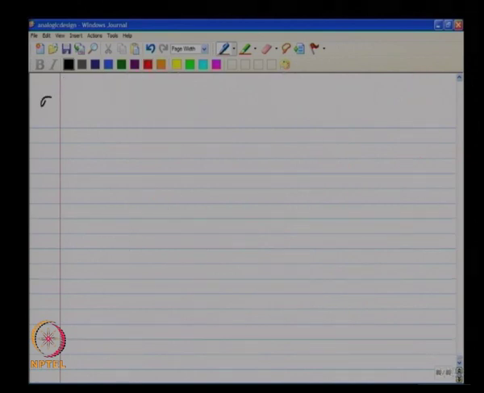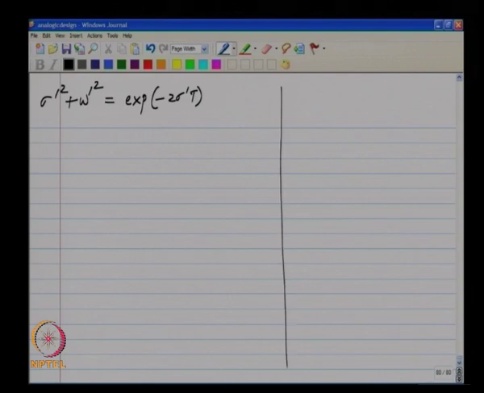So, the first equation is sigma prime square plus omega prime square is exponential minus 2 sigma prime tau. And I have already plotted this omega prime versus sigma prime, and the solution looks something like this.